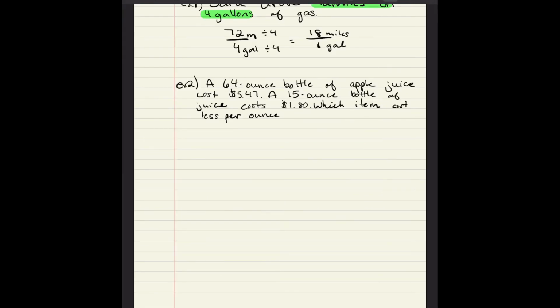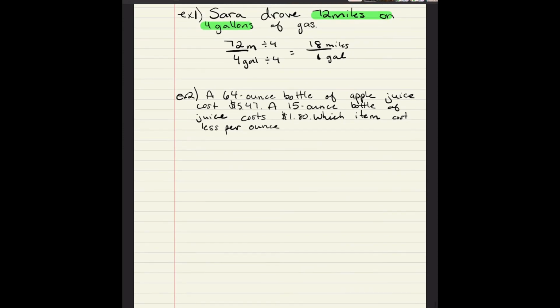Example 2 says a 64-ounce bottle of apple juice costs $5.76. A 15-ounce bottle of juice costs $1.80. Which item costs less per ounce? So we have to write our ratios, and I think it's a common misconception to just do whatever number is first when you're writing your ratio.